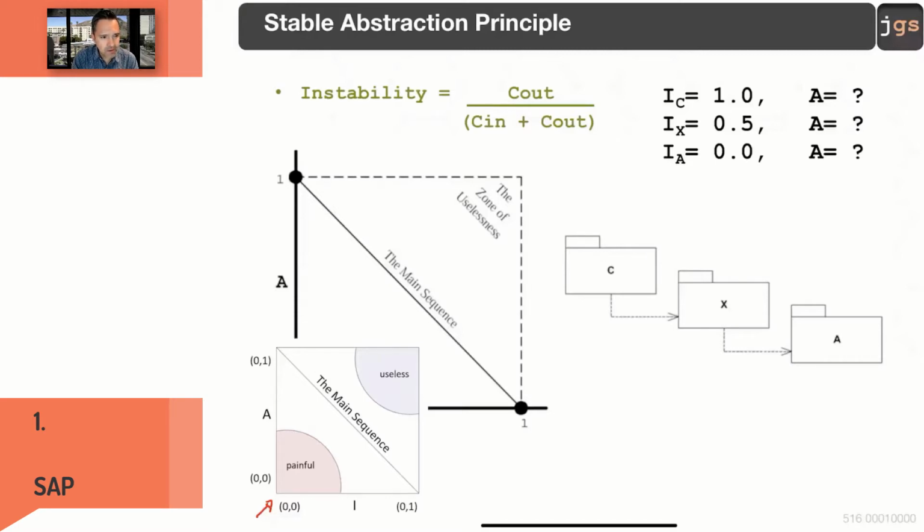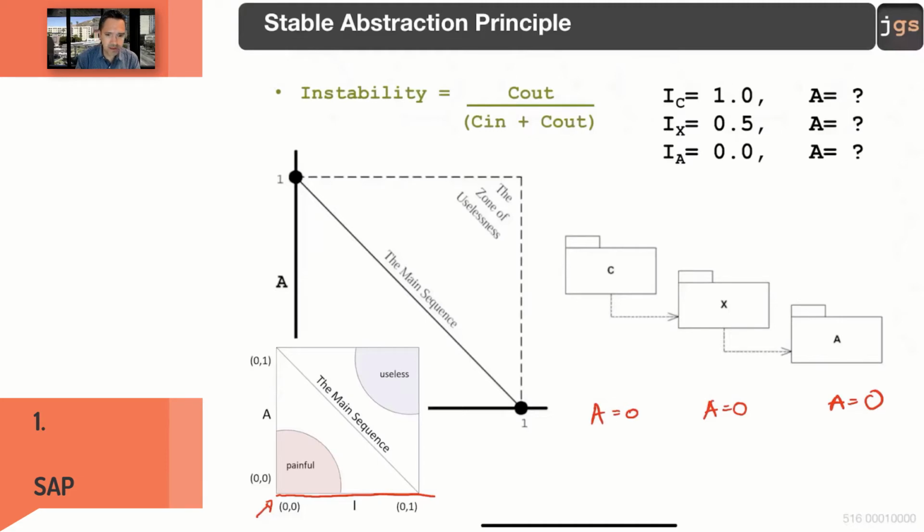So if I tell you that, what I am telling you is that for all of them, that is one scenario. All of them concrete classes. Therefore, abstractness is 0. All of them are going to be moving in the flat line with abstraction 0.